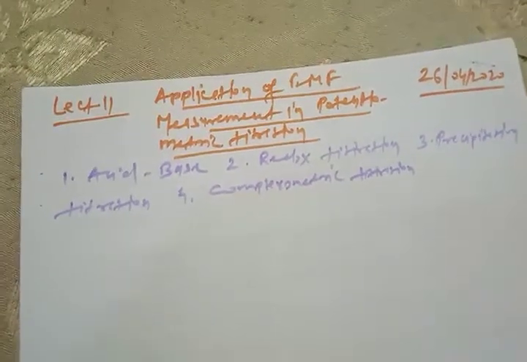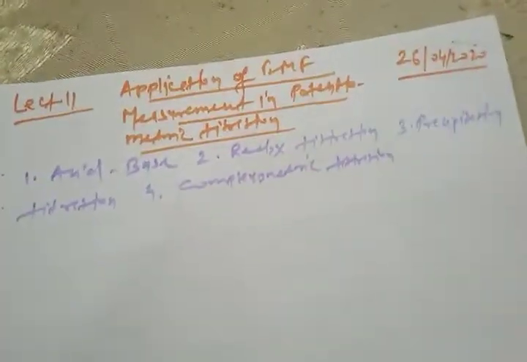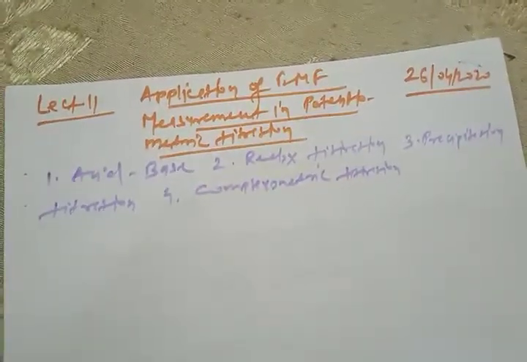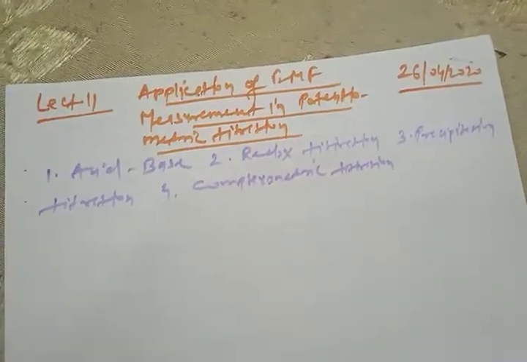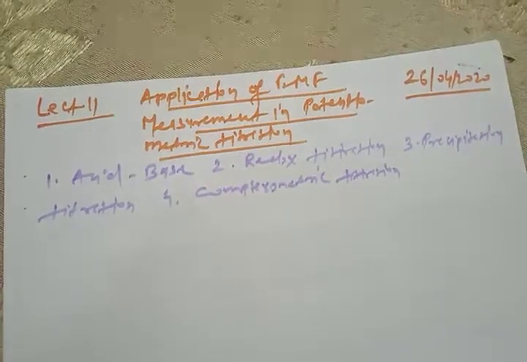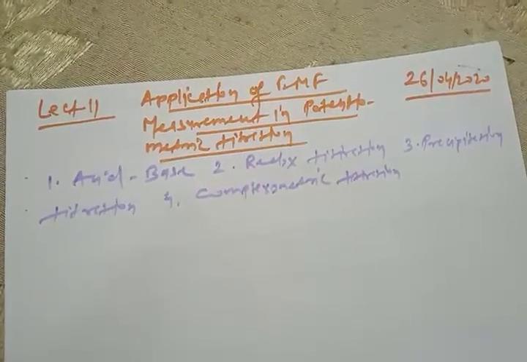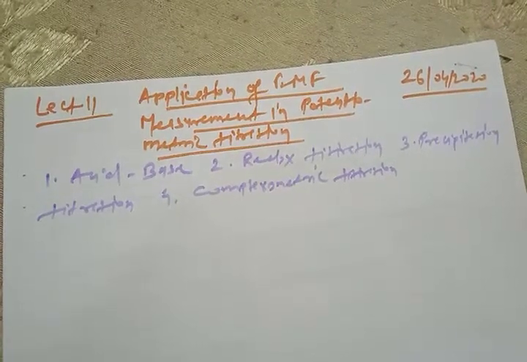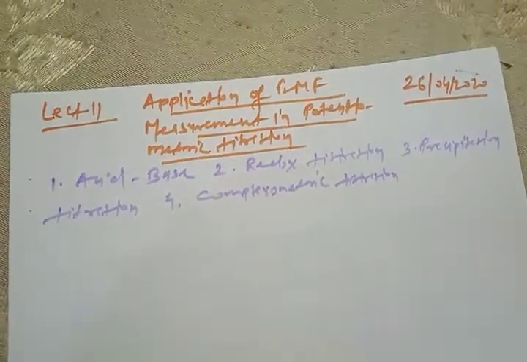What is the traditional method of titration? You all know it. You have an unknown solution which we take in a beaker, and the known solution is taken into a burette.